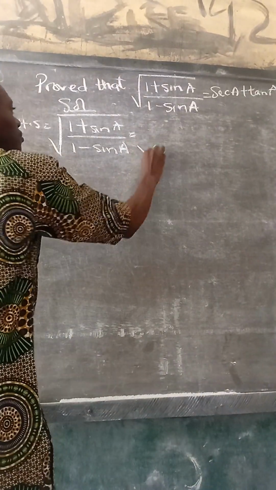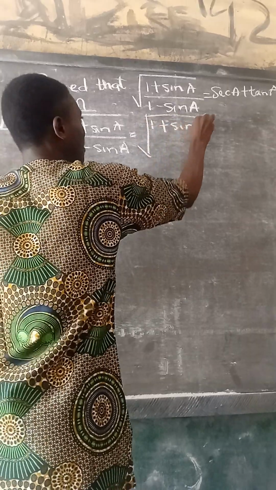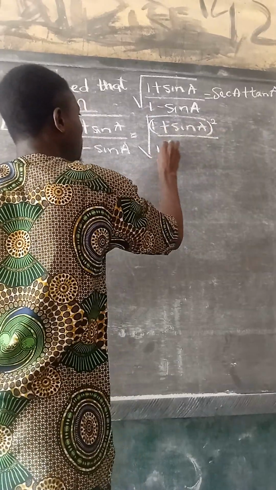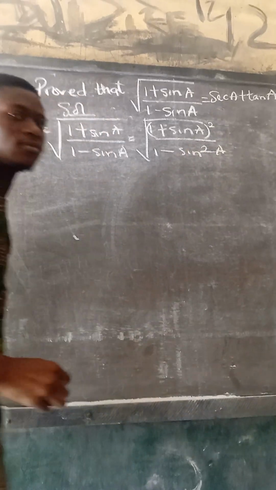So it's going to become the square root of (1 plus sinA) squared over (1 minus sin squared A).